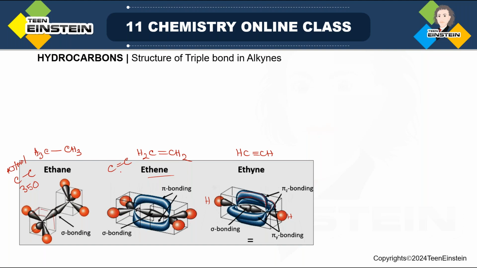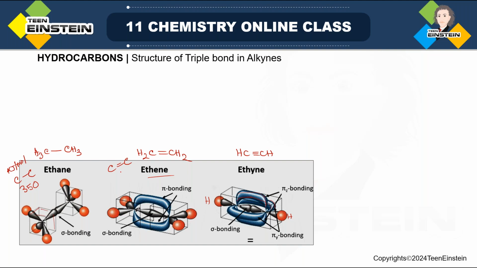I am saying it is average, that means compound to compound. Suppose you have 10 compounds, and in every compound you have one CC double bond, but that doesn't mean that in all the molecules the CC double bond will have the same length. There will be a slight difference, and that may happen because of slight structural differences, which is absolutely expected. But when we talk about bond energy, we always consider the average bond energy.